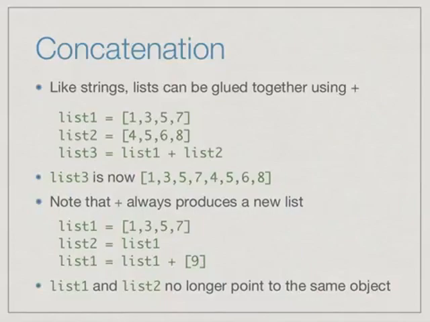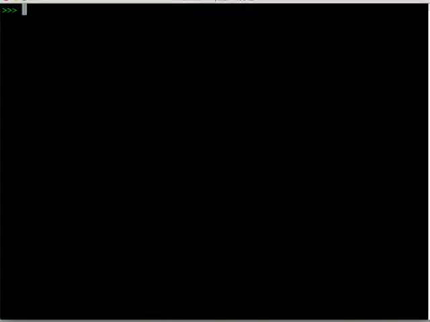Let's just confirm this. So in the Python interpreter, let us set up list 1 is equal to 1357 and say list 2 is equal to list 1. Then as we saw before, if we say list 1 is list 2, we have true.